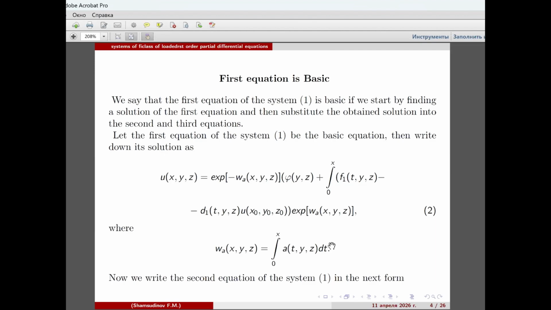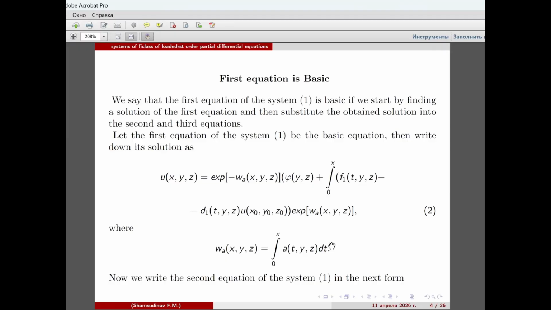Let the first equation of the system 1 be the basic equation, then we write down its solution as equation 2, where W_A(x,y,z) equals integral from 0 to x of a(t,y,z) dt.